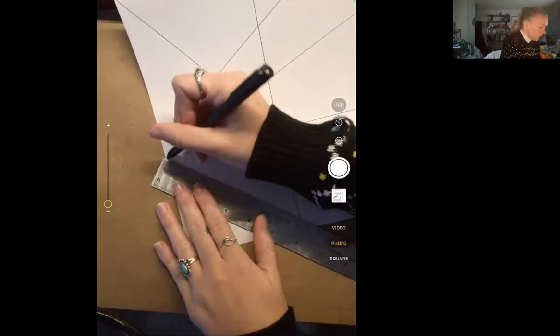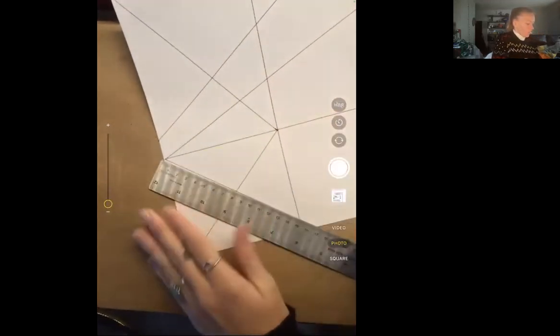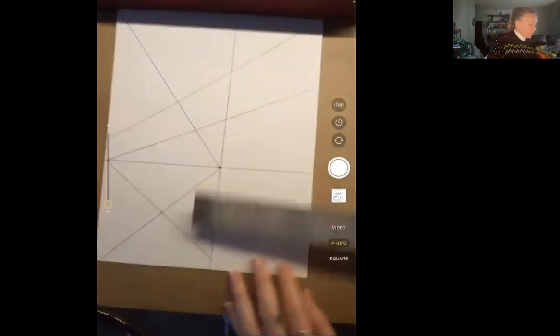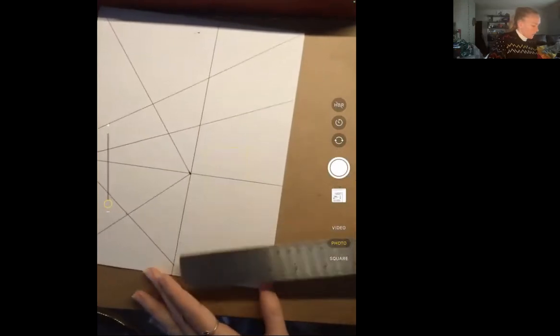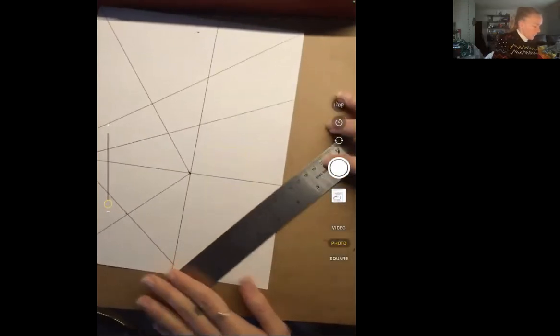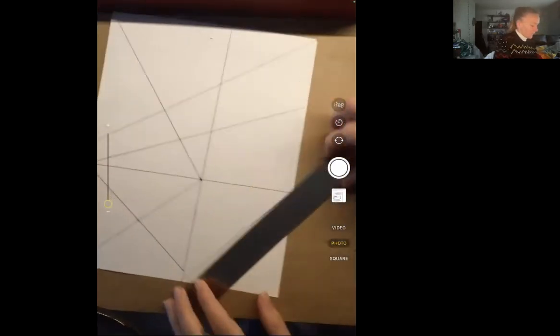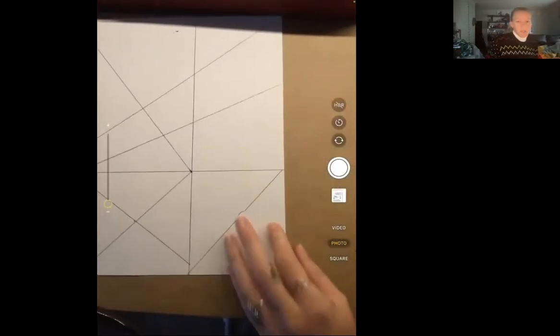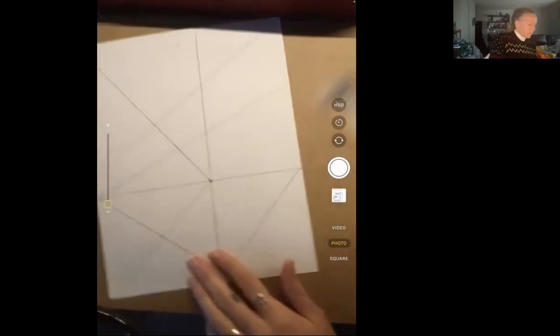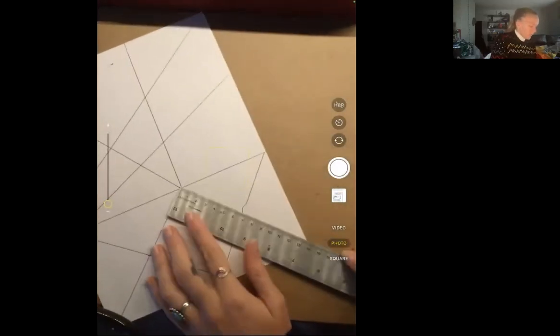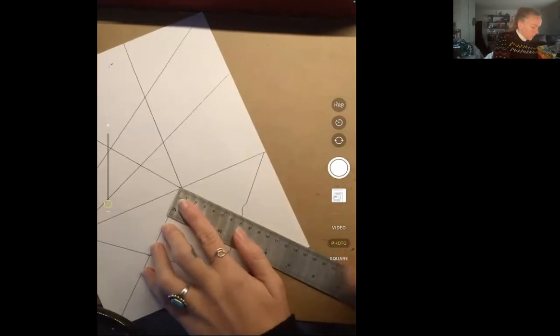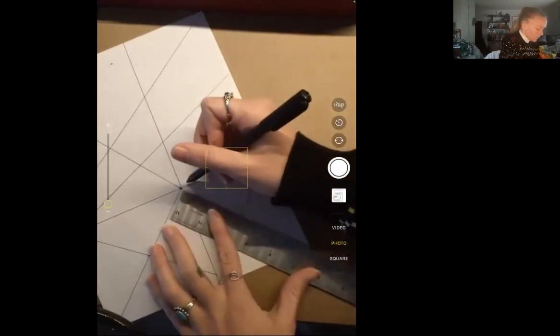Right here. Go ahead and take your time. There is no rush. Have fun with it. You don't need to line it up like I am. And see, I just made a mistake. It bumped my nail, but that's okay because it's not perfect. It does not need to be perfect.